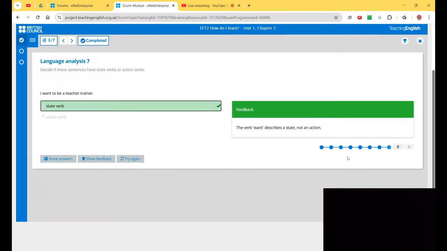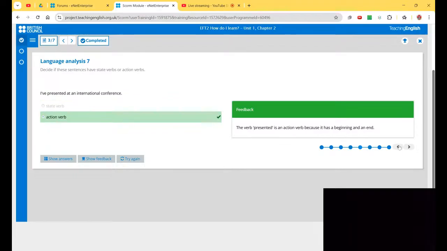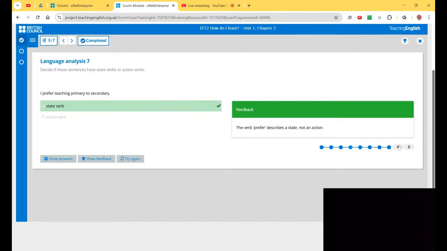I need to save this. The verb one describes a state, not an action. I'm good with computers, state verb. I've got a degree in education describes a state, not an action. Presented at an international conference, presented is an action.